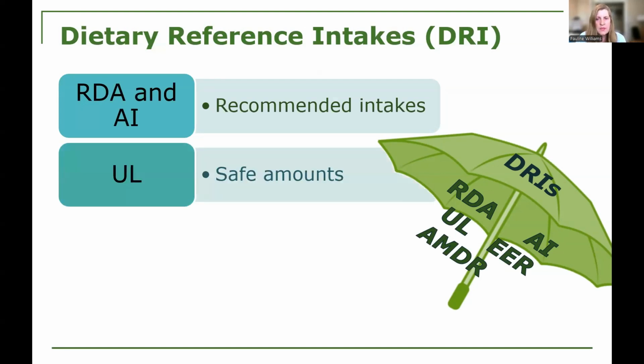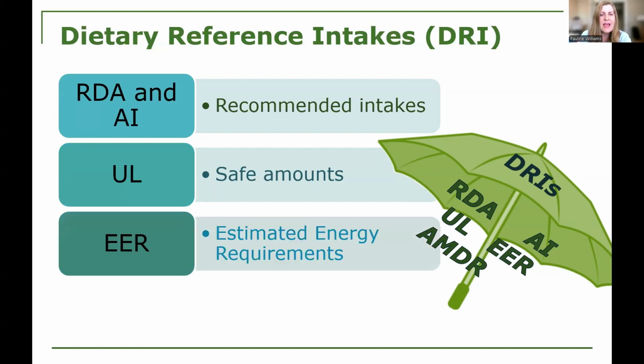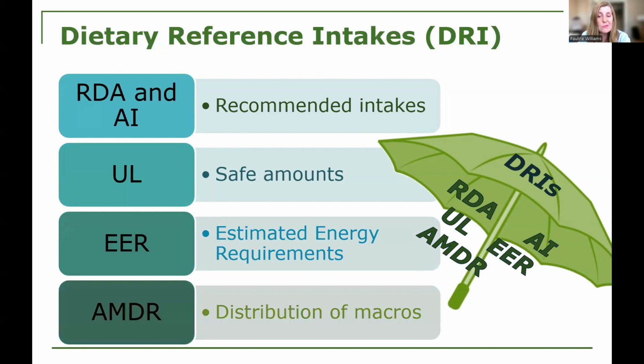The UL, or upper limit, gives us the upper limit for nutrient intake for safety. The EER, or estimated energy requirements, tells us how many calories are needed to maintain a healthy weight. And the AMDR, or acceptable macronutrient distribution range, tells us what percent of our calories should come from the macronutrients: carbohydrates, proteins, and fats.